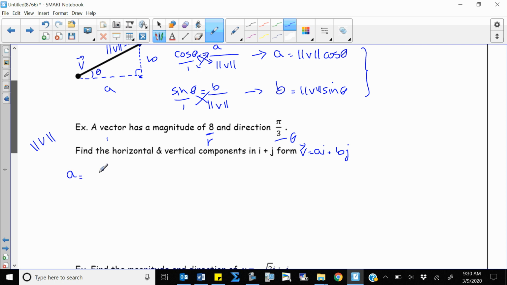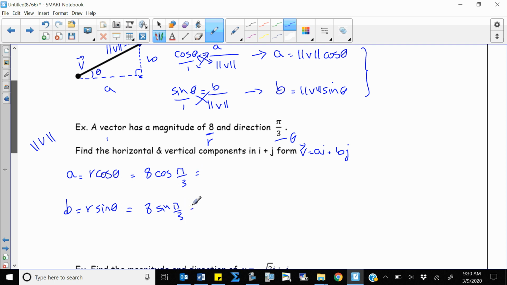So a will be magnitude times cosine of theta, and b will be magnitude times sine of theta. So this will be 8 times cosine of pi over 3, and b will be 8 times sine of pi over 3.